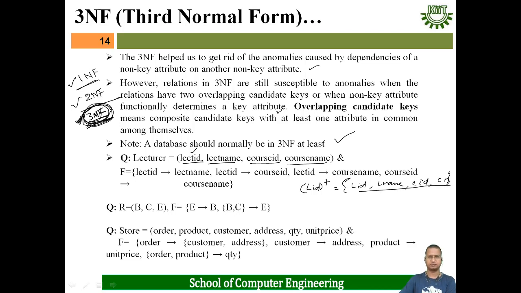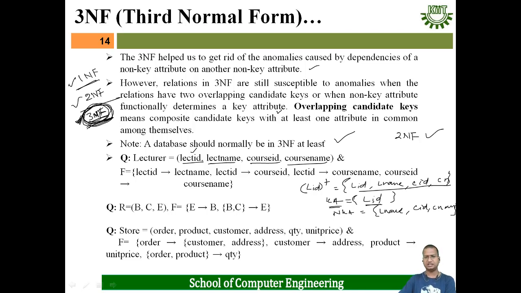So the key attribute is lecture ID, and the non-key attributes are lecture name, course ID and course name. Is partial dependency present? Only one attribute constitutes the key, so partial dependency is not present. That means it is in 2NF.